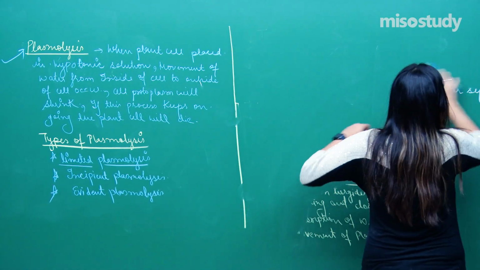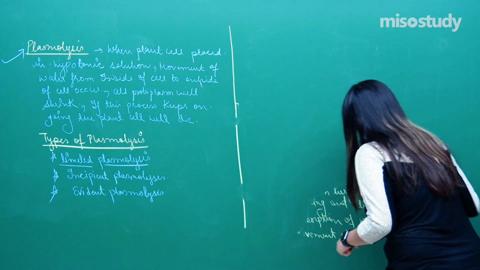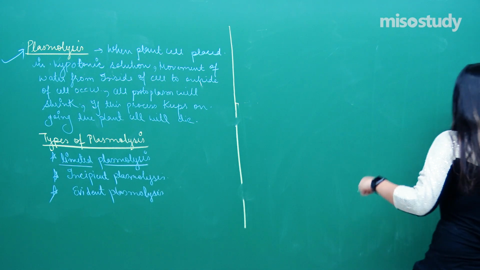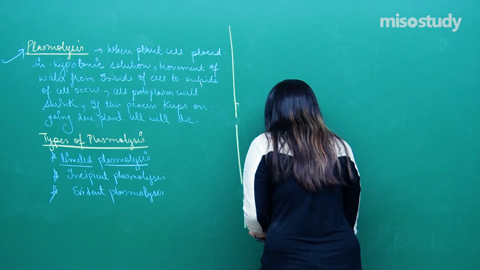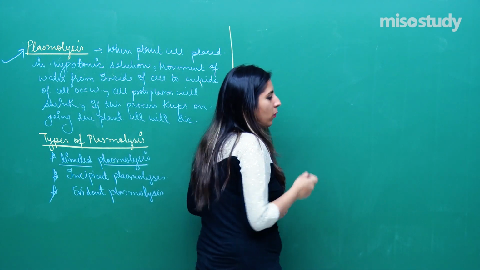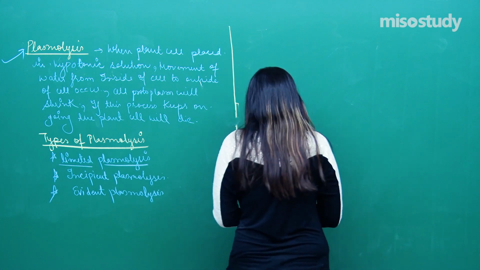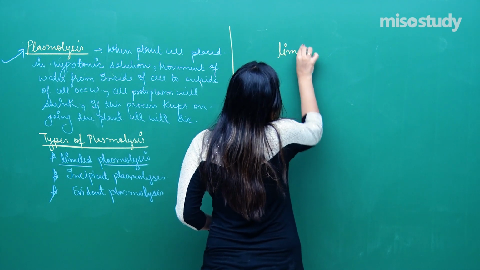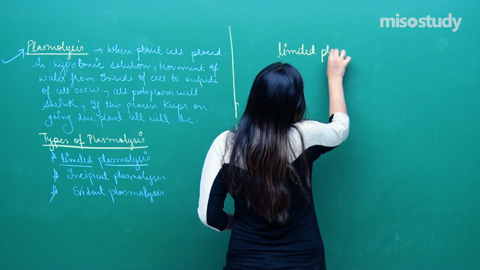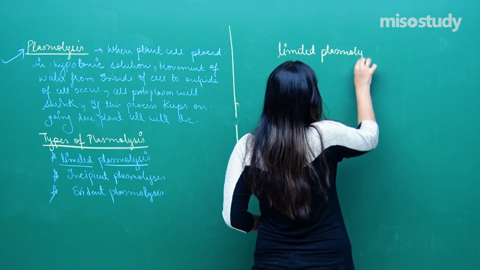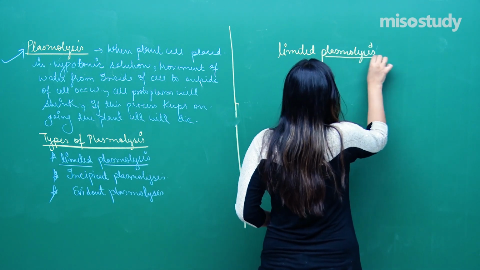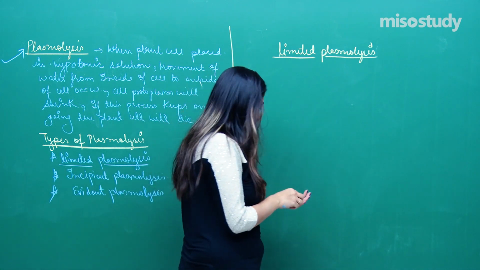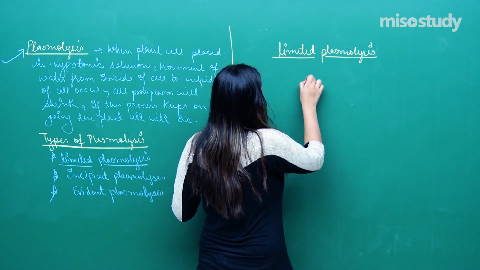Let's do this now. Suppose I have one cell. The first we have is the limited plasmolysis. Suppose I have one plant cell. Let's draw the structure of the plant cell.